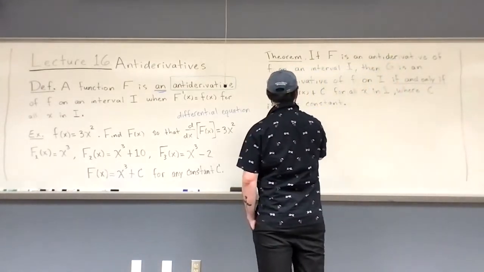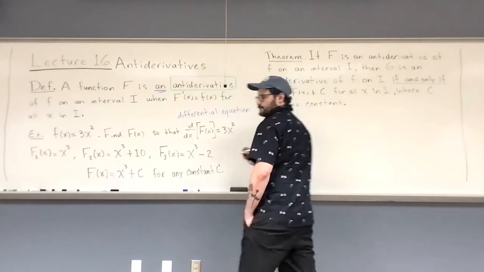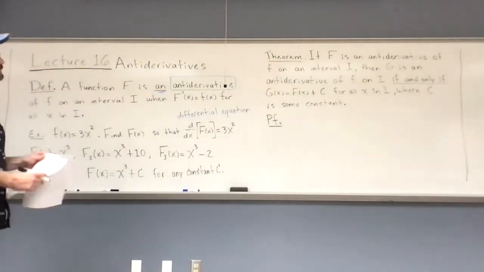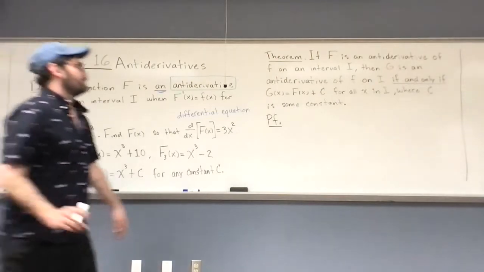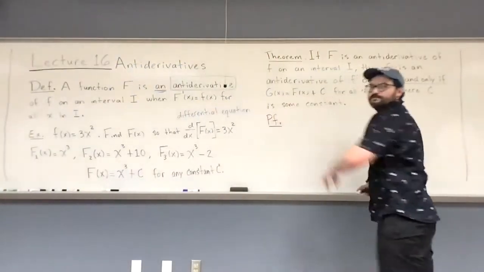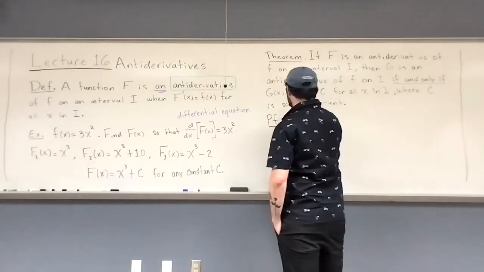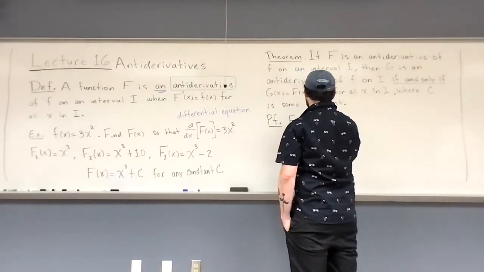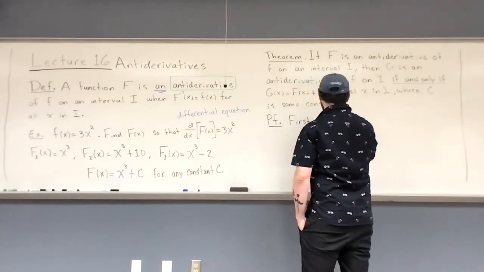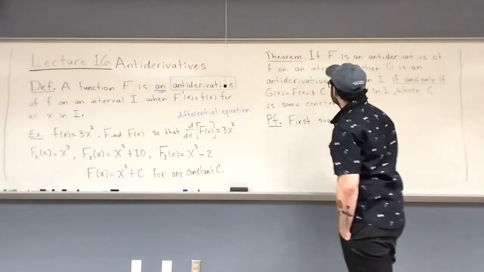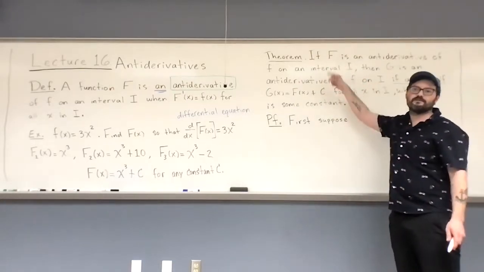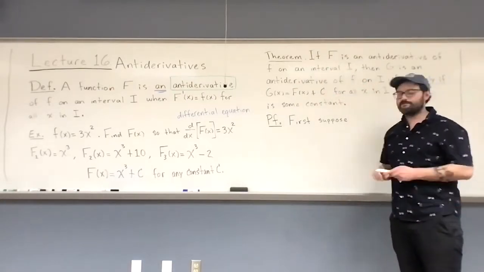So what can we say? Which direction am I going to prove first? I'm going to first suppose that g of x is like this. Well, actually, in the statement of the theorem, we're assuming that capital F is an antiderivative of little f. That's to be assumed, okay?